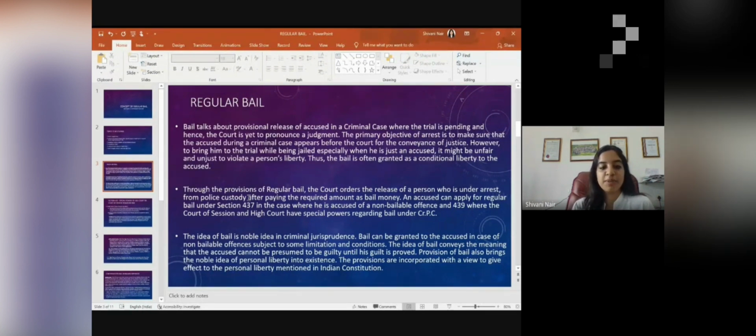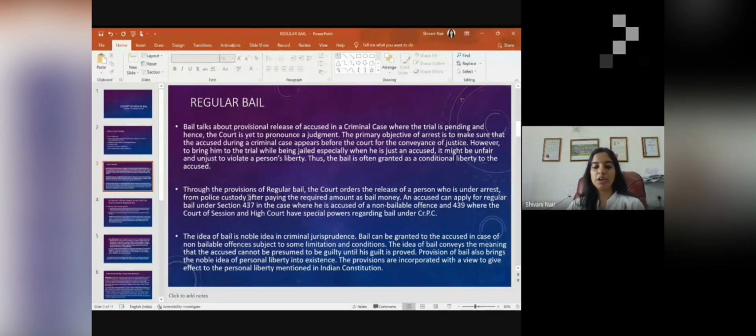Now, the idea of bail is a noble idea in criminal jurisprudence, and bail is granted to the accused in cases of non-bailable offenses subject to certain limitations and conditions. The idea of bail conveys that the accused cannot be presumed guilty unless his guilt is proved. So, the presumption of law is such that a person is innocent until proven guilty.